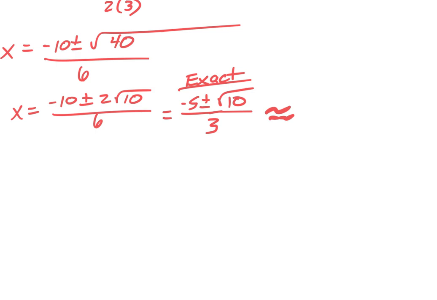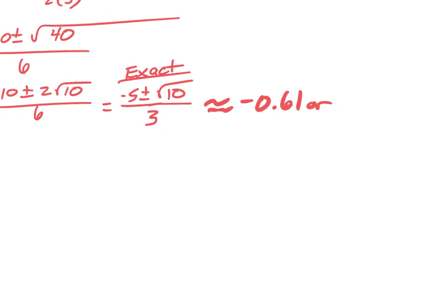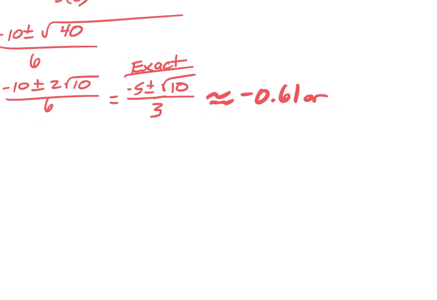The way that we're going to type it in is negative 5 plus the square root of 10, and then divide by 3. If I round to the nearest hundredth, the first one should look like that. The second time through, we're going to do negative 5 minus the square root of 10 and divide by 3.